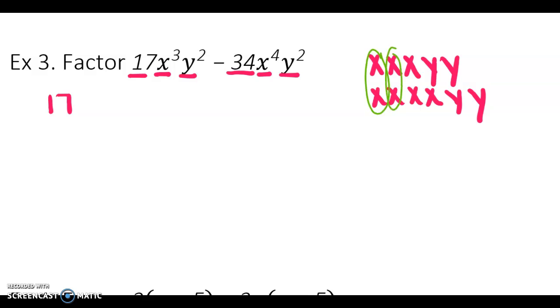We have 1, 2, 3 x's in common and 2 y's in common. So we're going to go ahead and write that out as x, x, x times y. So that gives you x to the third y squared. This is what you're going to factor out.